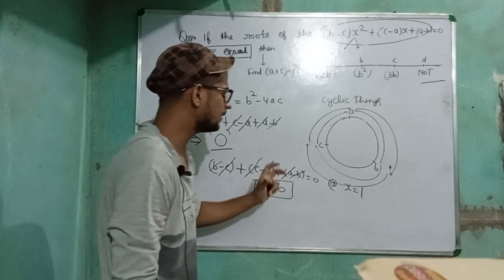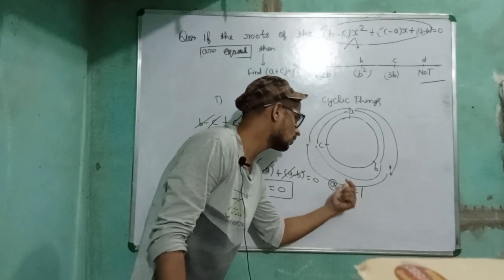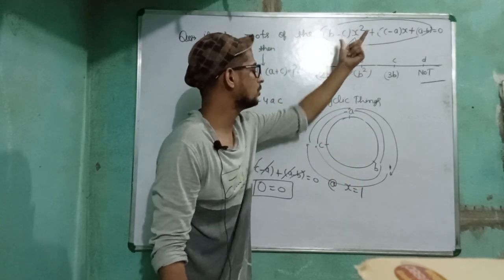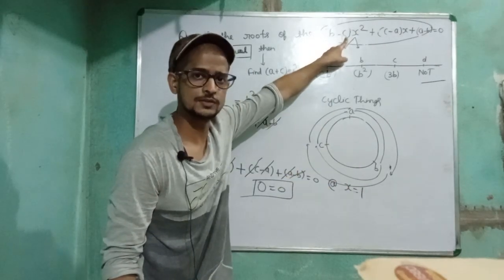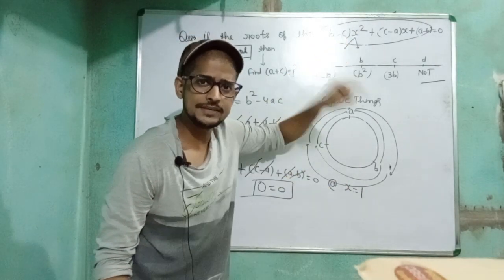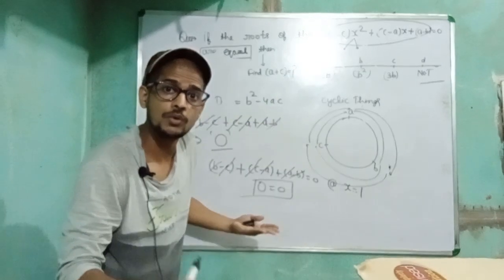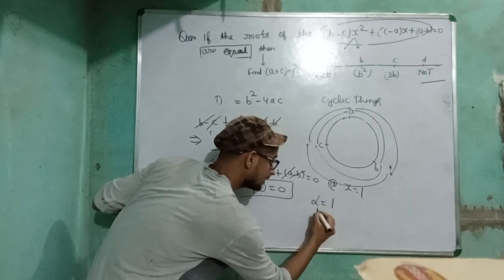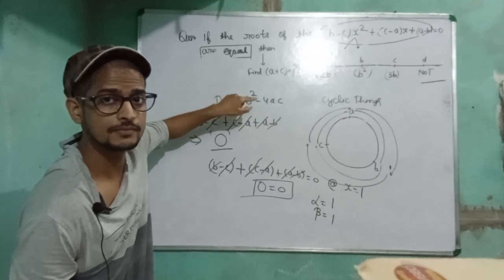So what information can you draw from here by putting x equal to 1? At x equal to 1, this expression becomes 0. It means x equal to 1 is a root of this equation. As given in the question, the roots are equal, so the other root will also be 1. So one root alpha is equal to 1, the other root will be 1 again, because it is given to you that the roots are equal.